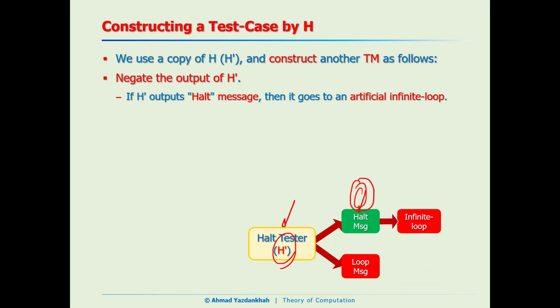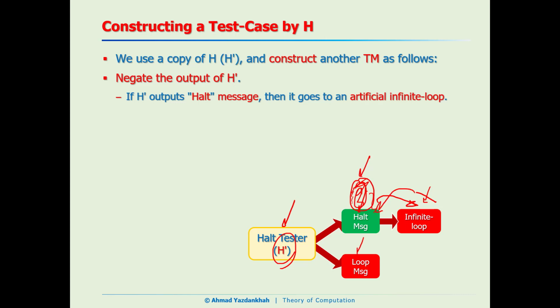As I said, it was just an accepting state, right? We make it a regular state, and then we create an infinite loop here. This is a small Turing machine whose job is just following an infinite loop. I add it after this state.